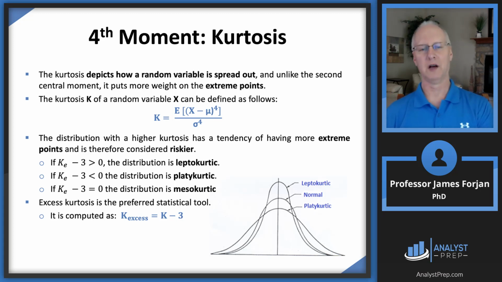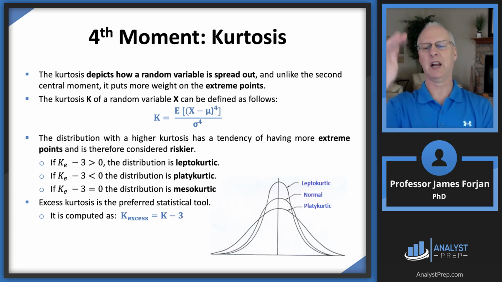And so the formula for kurtosis is x minus mu raised to the 4th power. So that's really what you're doing with the third and the fourth moments, raising it to the 3rd power, raising it to the 4th power. So notice the circle points I have here. The k that we describe here, the kurtosis, if you subtract 3 from it and you get greater than 0, this is called leptokurtic.